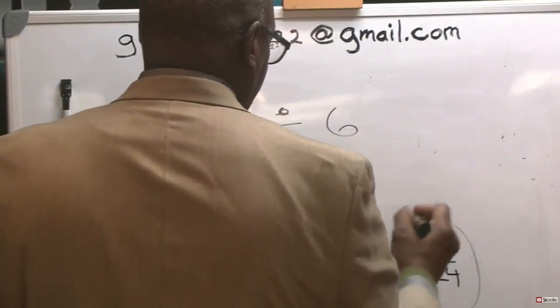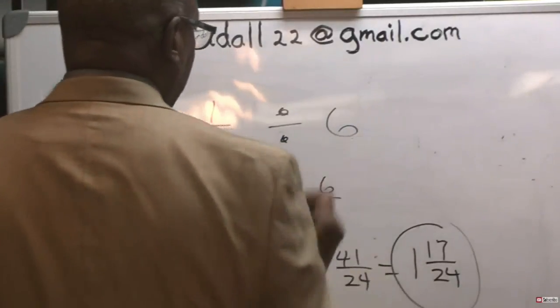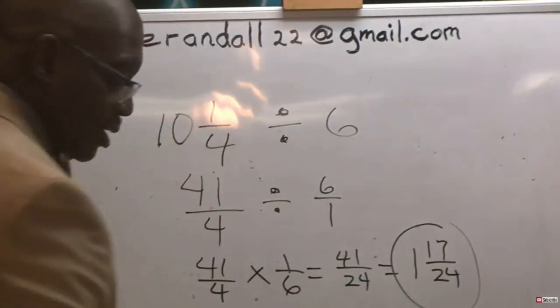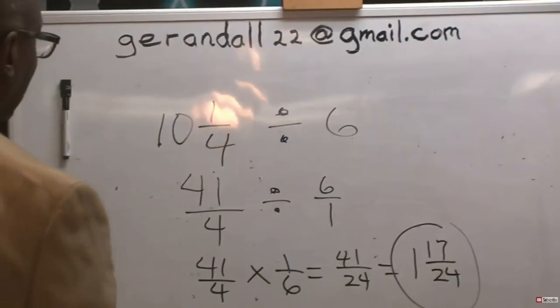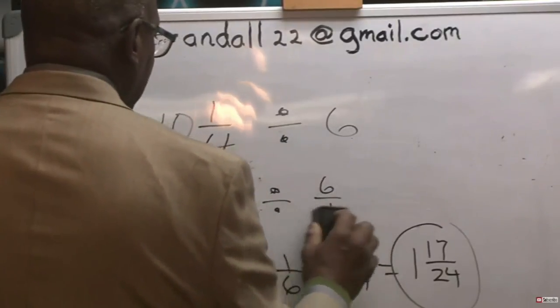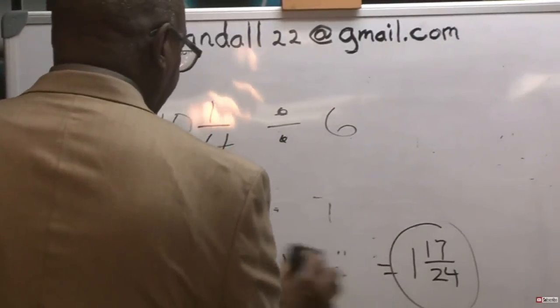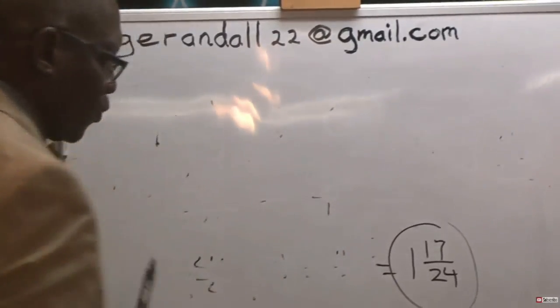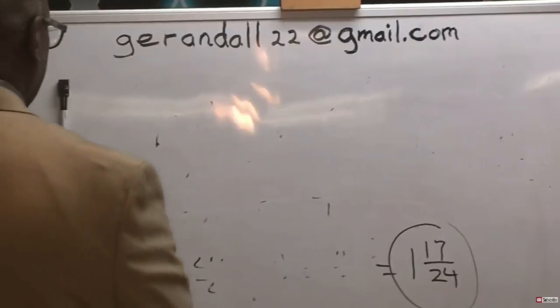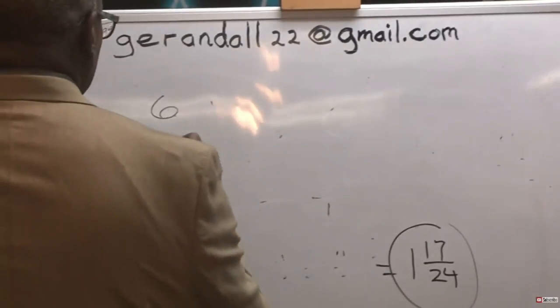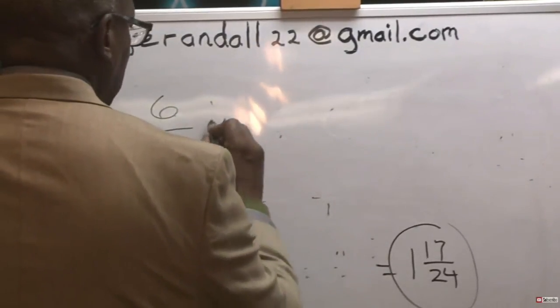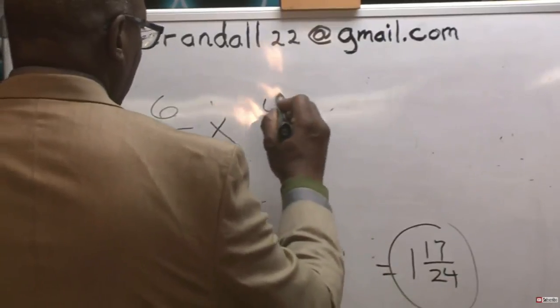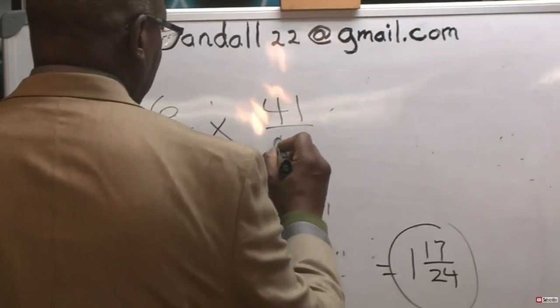Taking our answer and multiplying it by the divisor. And this is one thing, again, I love about math. So we're going to take 6 over 1 times 41 over 24.